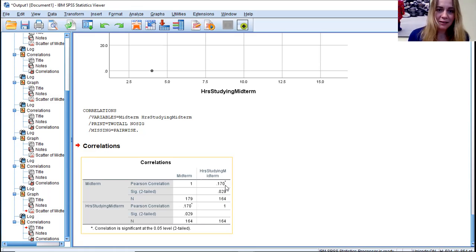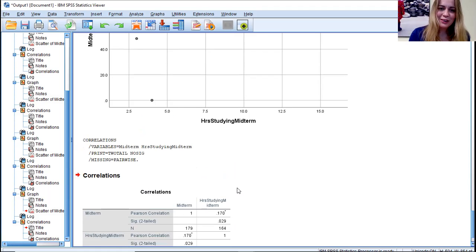0.1 is not a big correlation. But here, if we look at the significance, we can see that the significance level, the p-value, is 0.029. It's less than 0.05, so this would be significant. In part because we've got a lot of participants. There's a lot of students in the class that's helping us get a significant result here.